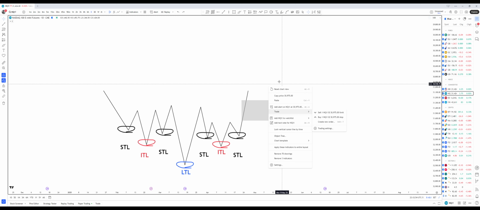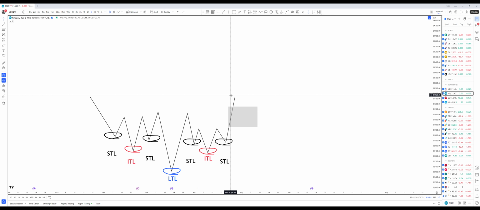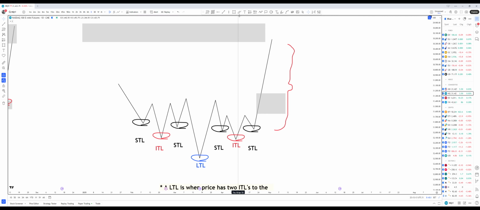As I stated earlier, this long-term low is going to hold until the duration of this price movement is done. Let's say we have a weekly objective, a monthly objective, a 4-hour objective. Price is fractal, by the way, so you can apply this to every time frame. So let's say you're on the 1 minute, and this is your 1 minute long-term low.